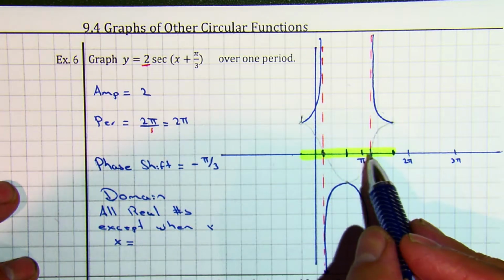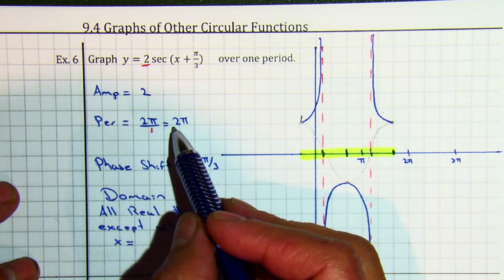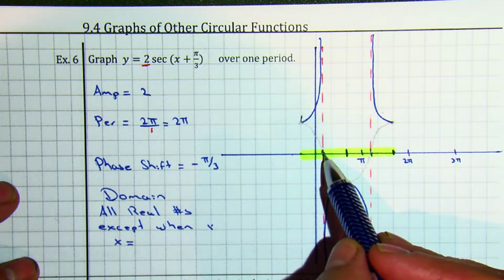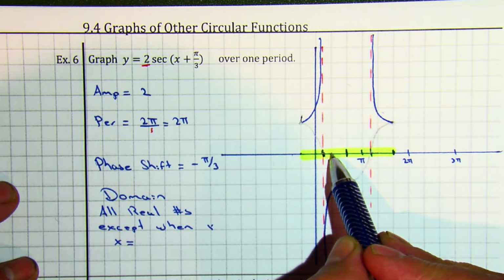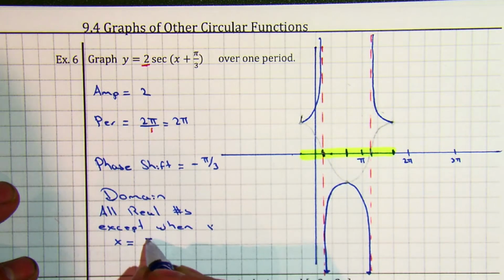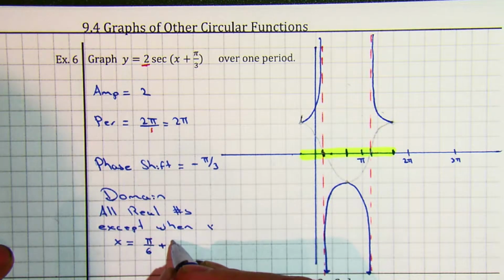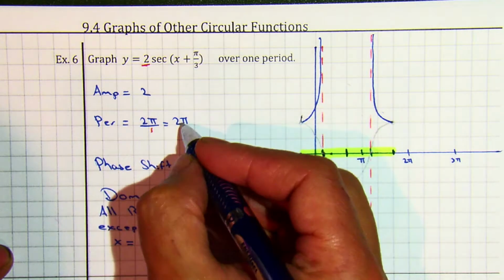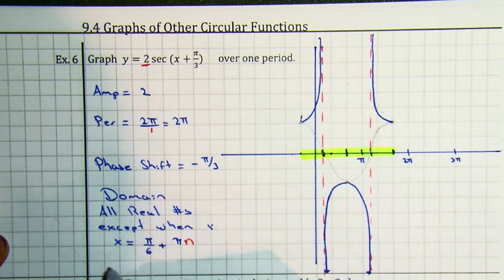We know that the asymptote is going to repeat at half of your period, which will be pi. But where is this asymptote? This was 1/3, so this will be 1/6. Pi over 6 plus pi n, where n is any integer.